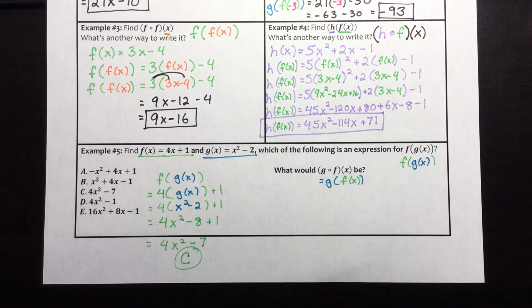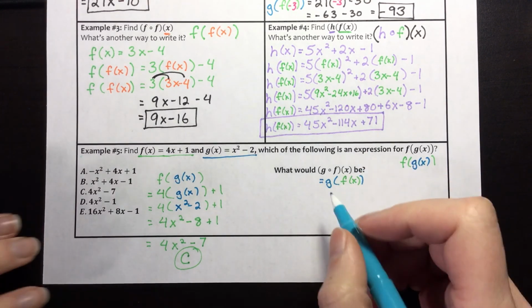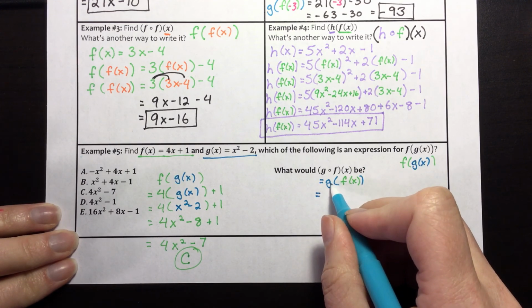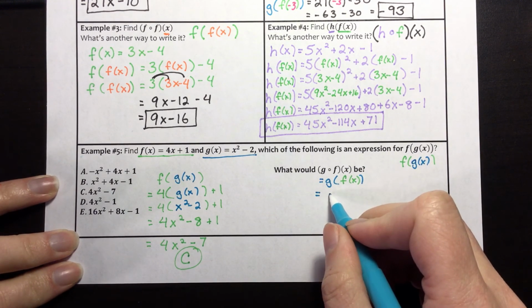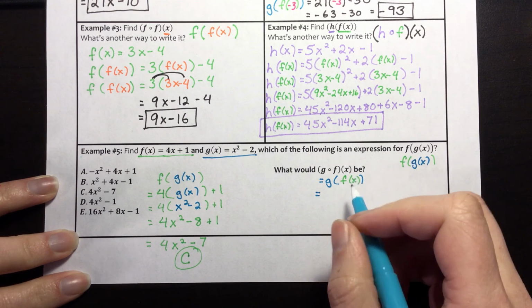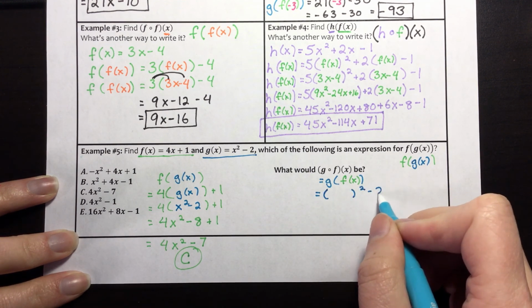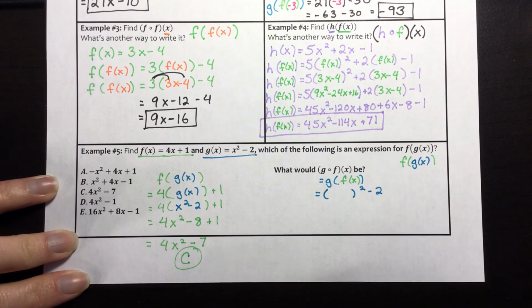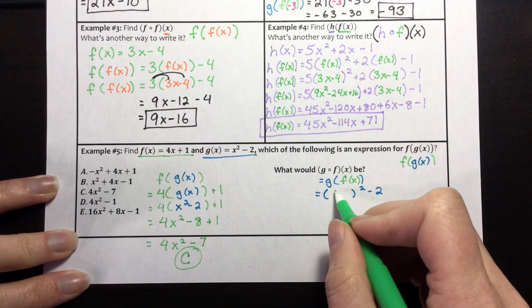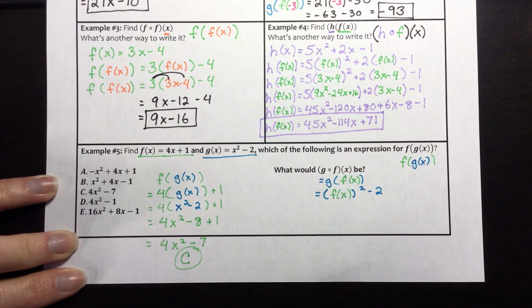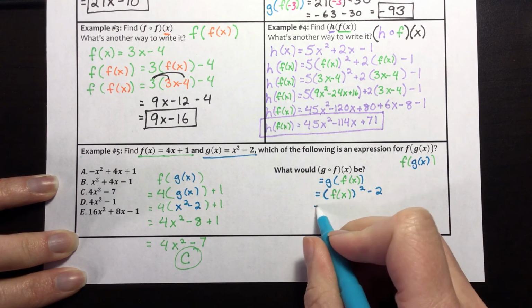Let's take a look at g of f of x. So that's going to be the same thing as, okay, g is our outside function, so that's the one we're writing first. It is x squared minus 2, so something squared minus 2. What's getting squared? Instead of x, it is f of x. Okay.